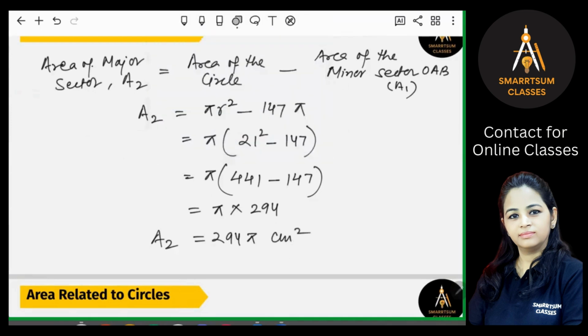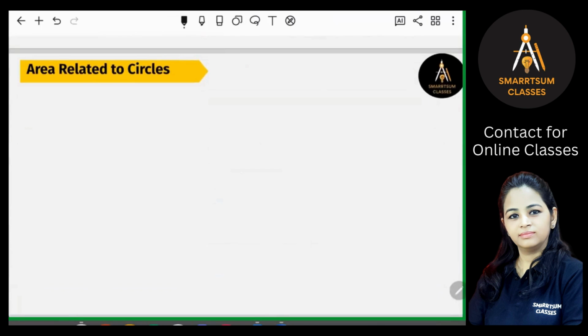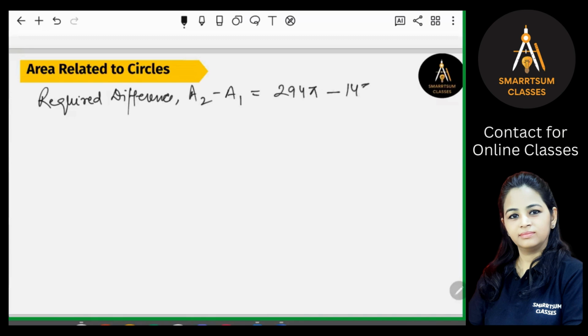So in this way, we have got the area of minor and major sector both, right? Now we can find out the difference between the two. So write down required difference, that is A2 minus A1. This is equal to 294 pi, which is A2, minus 147 pi, which is A1. So we can find out the difference, and this is equal to 147 pi centimeter square.